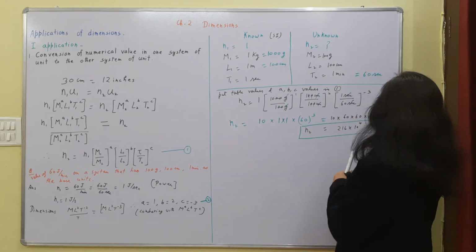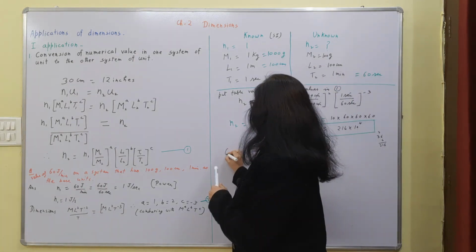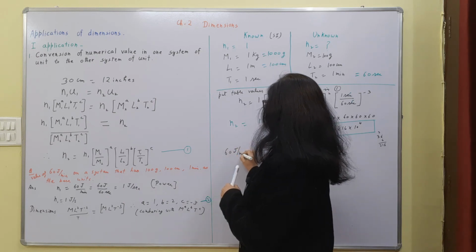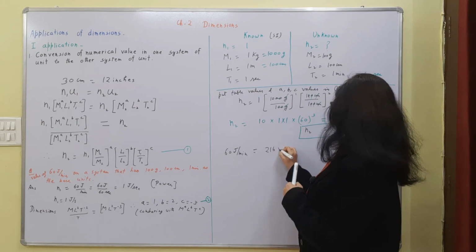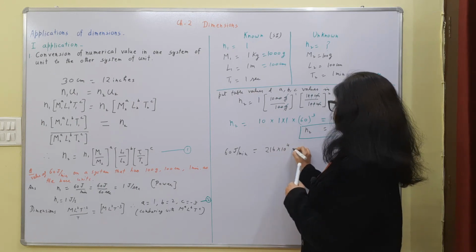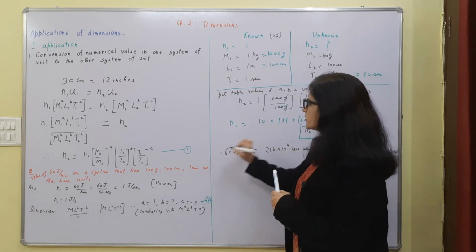So what will we write? The last line will be 60 joule per minute is equal to 216 into 10 to the power 4 new units. This is the final answer.